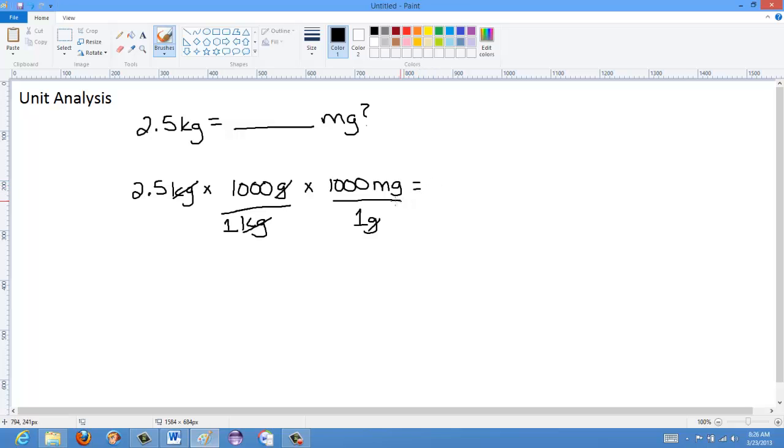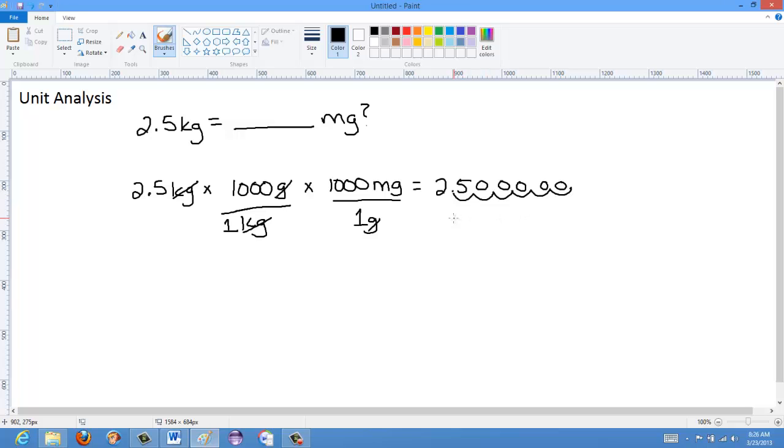So in this case, I have 2.5 times 1,000 times 1,000. 2.5 times 1,000 would be 3 place values over, and then times another 1,000 would be another 3 place values over.